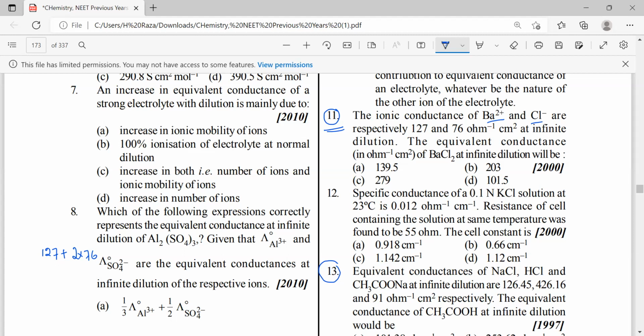Please attempt question number 13. I'll just cross check it.